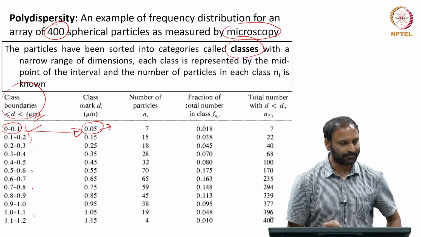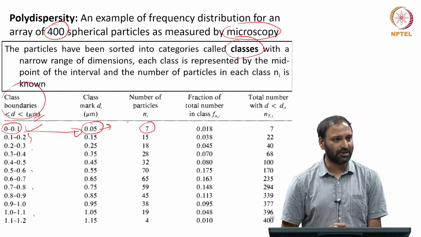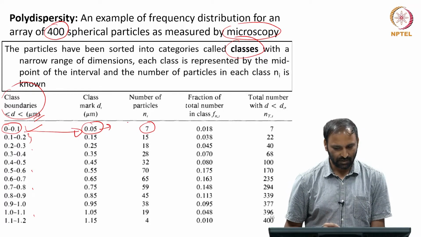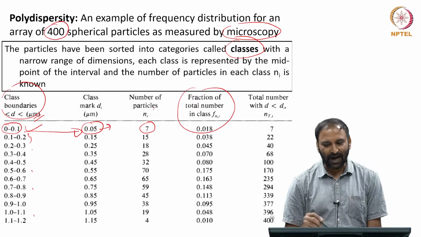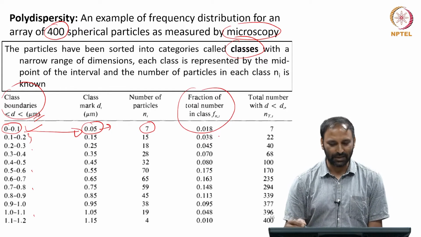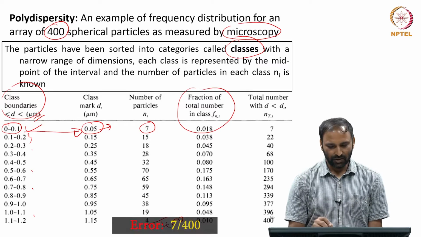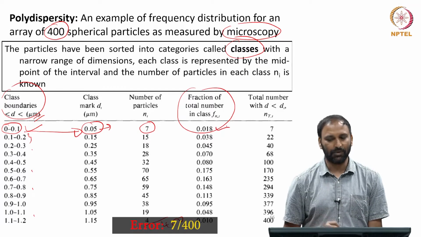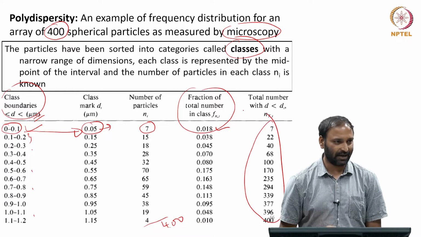Then you tabulate the number of particles in each of these classes, and I can get the fraction of the total number of particles in each. If my total number is say 400, then 3 by 400 will give you this number. Of course, you can look at cumulative numbers and things like that.